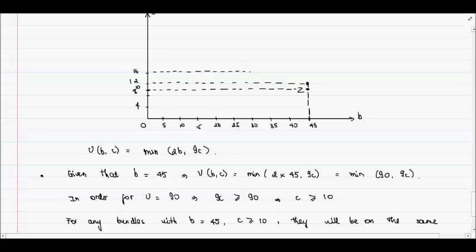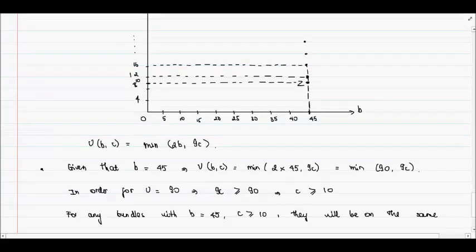If you substitute the numbers into our utility function, you can see that the utility is equal to 90, which is fine. So any of the points from this point onwards, going all the way up the vertical, are going to be on the same indifferent curve.